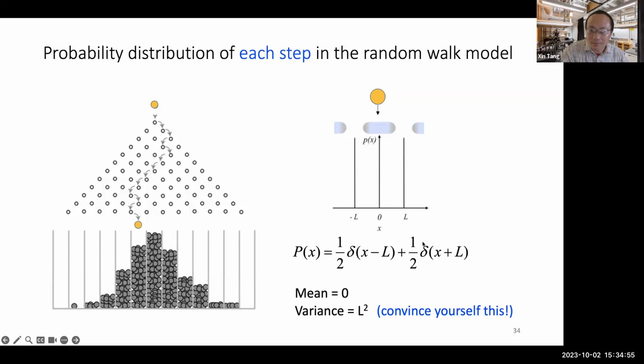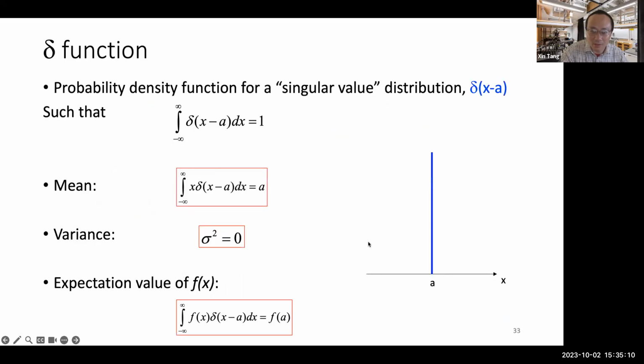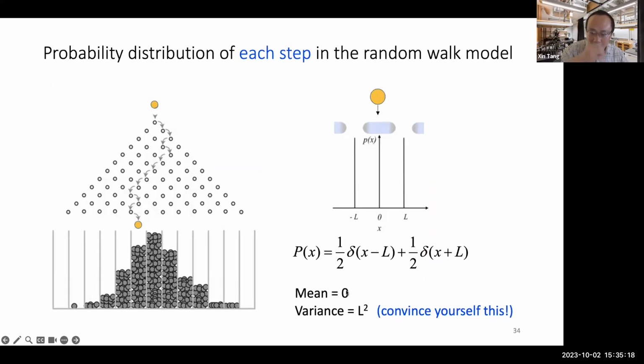Now if you put that into the calculation we used before to calculate the mean and the variance, with this expression you will find the mean equal to 0. You can calculate it, put it into this equation, putting those two terms in to replace f(x), and you will find the mean equals 0.